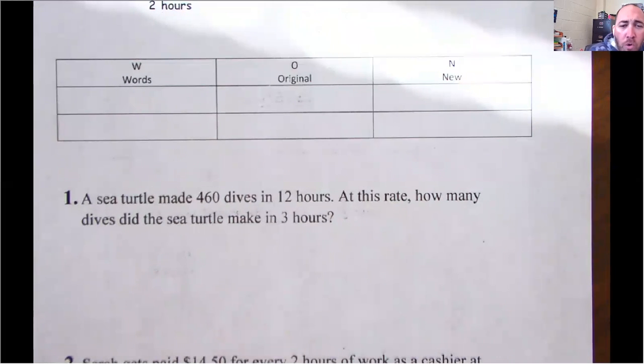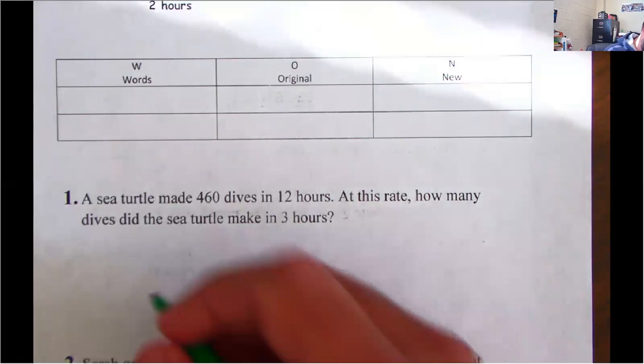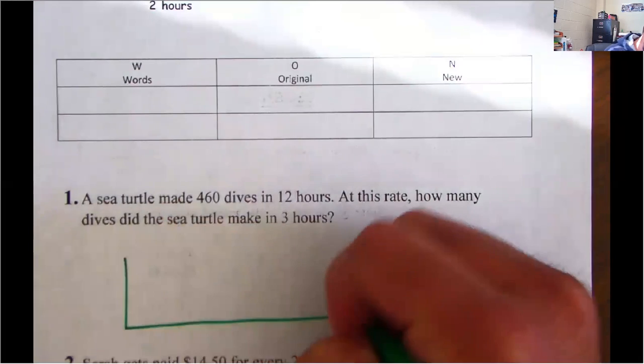A sea turtle made 460 dives in 12 hours. At this rate, how many dives did the sea turtle make in 3 hours? So let's create my one chart.